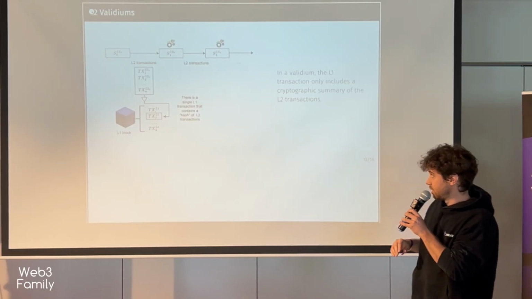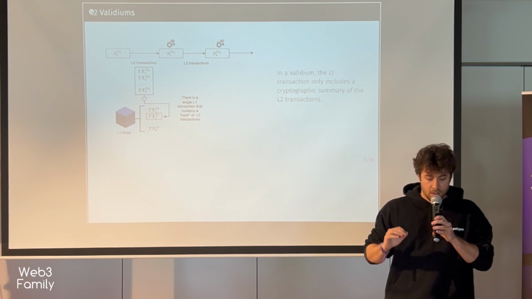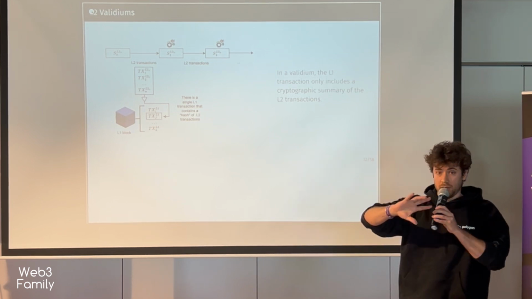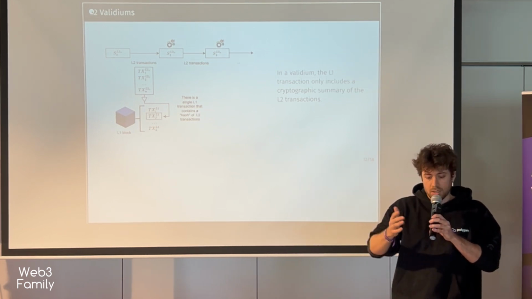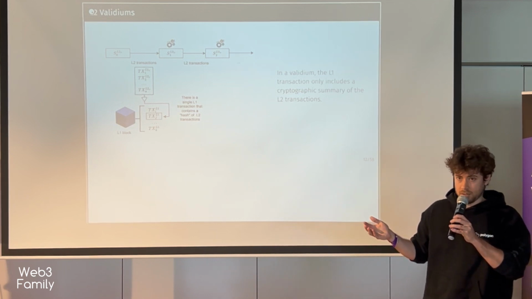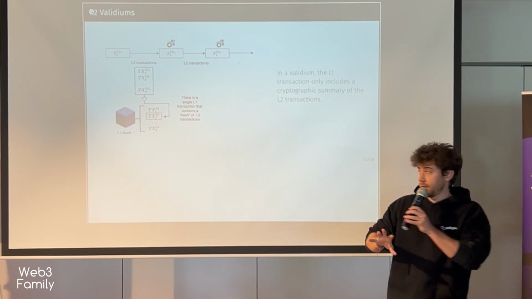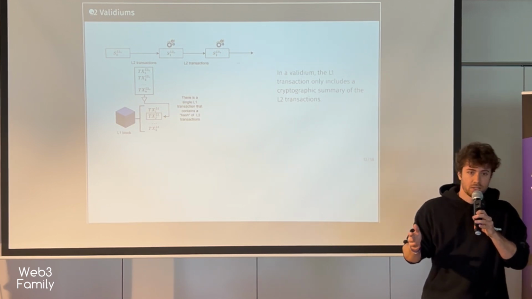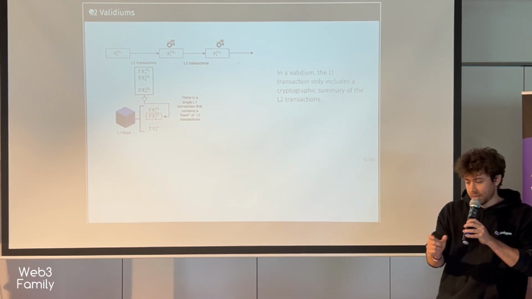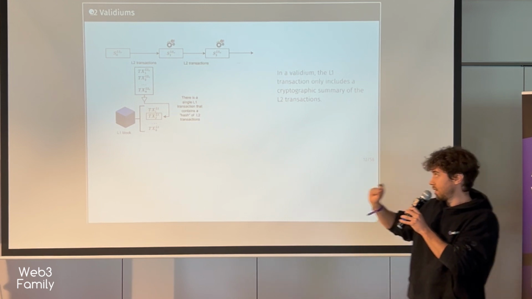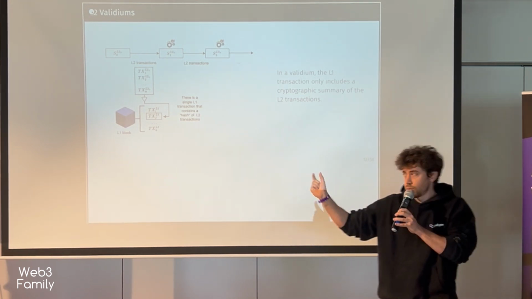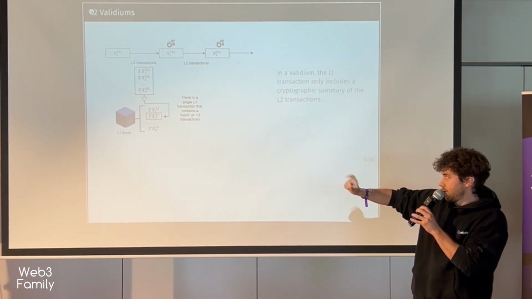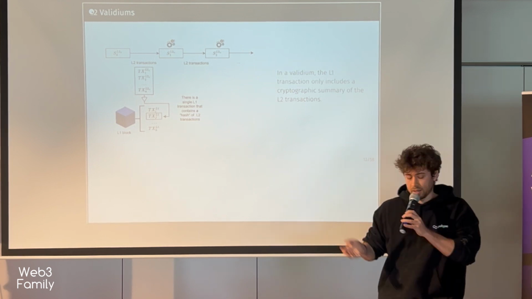Regarding Validiums, which is this slide, we are storing this raw transaction data in a centralized database, but we create what is called a cryptographic summary, for example, a hash of all this data. This hash, which is only a few bytes, is stored in Ethereum, just to prove that you are storing something that you had in the database.